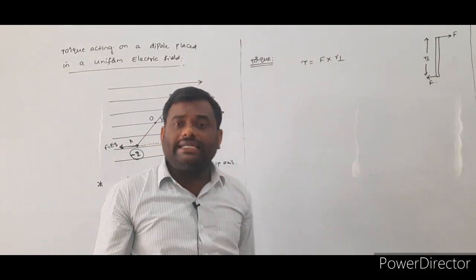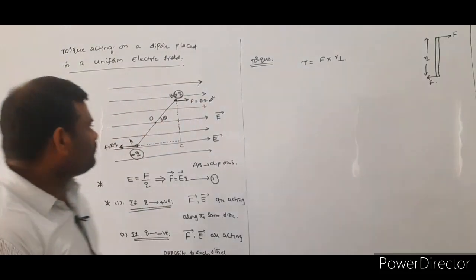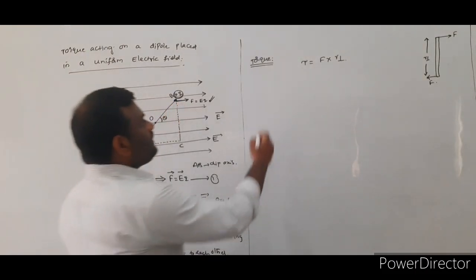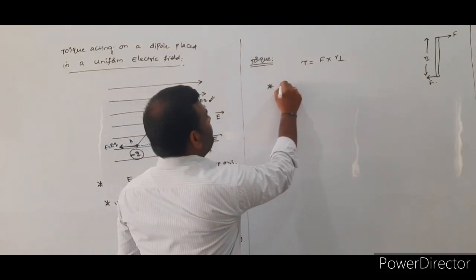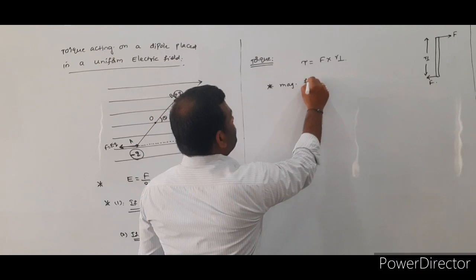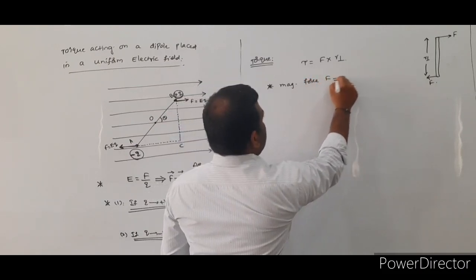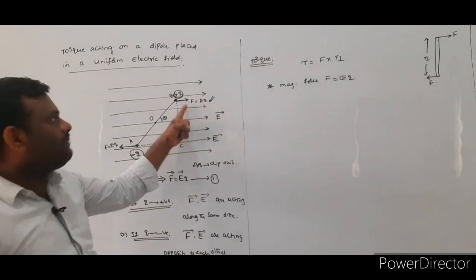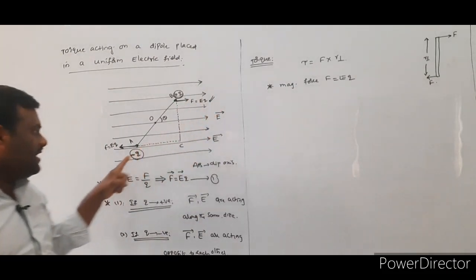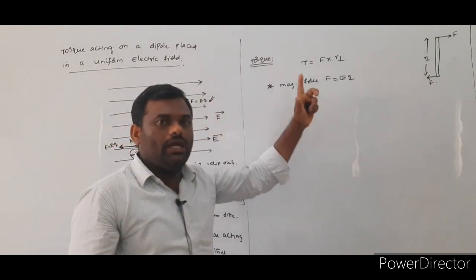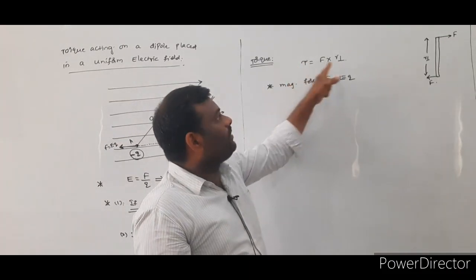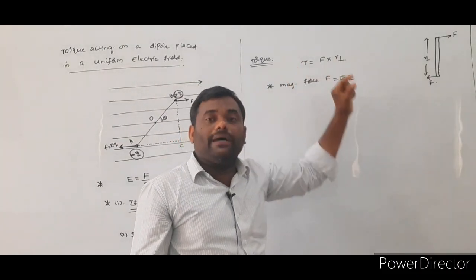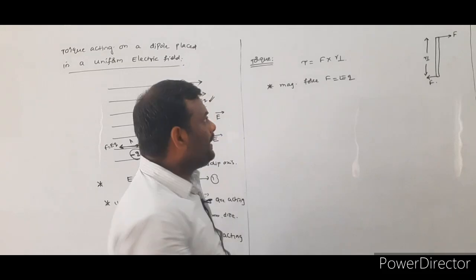Torque tau is equal to force into r perpendicular. So from the given diagram, the magnitude of either of the forces is F equal to qE. For calculating the torque, one more quantity is needed, r perpendicular. What is r perpendicular?